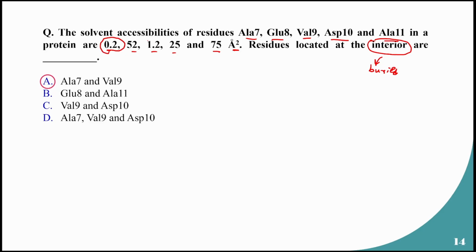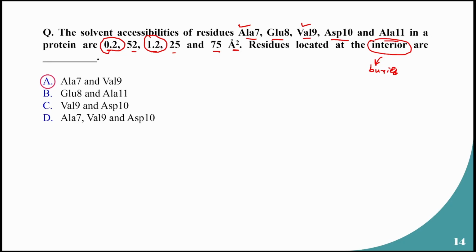For example, in this case, 0.2 and 1.2 seem to be the lowest among all, right? So 0.2 corresponds to alanine 7 and 1.2 corresponds to valine 9. Residues located at the interior should be in a buried position, and the lower the value of solvent accessible surface area, the more those residues indicate that they are buried. That's what the question was exactly asking, if that makes sense.